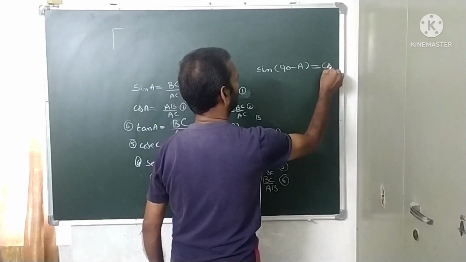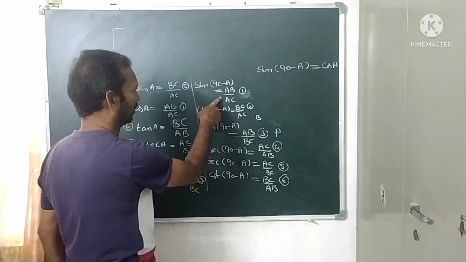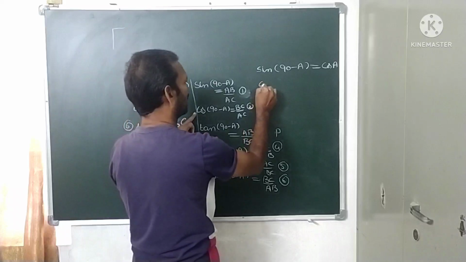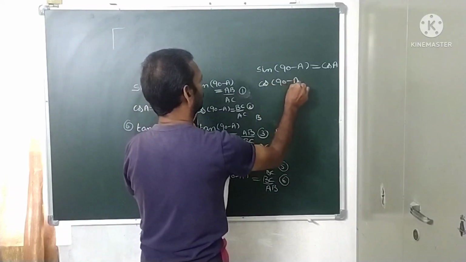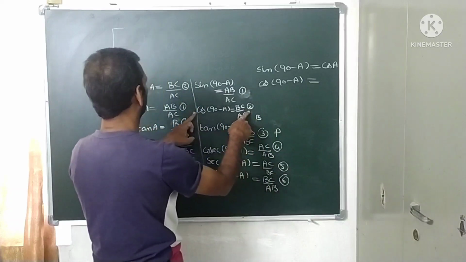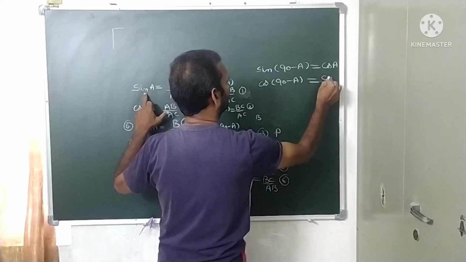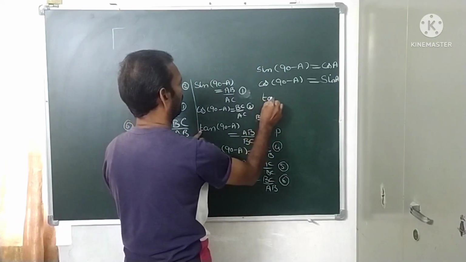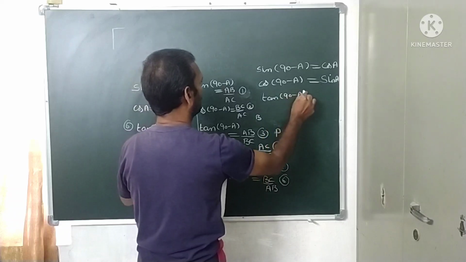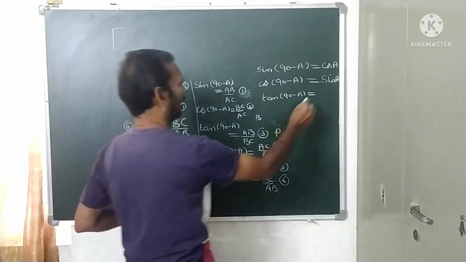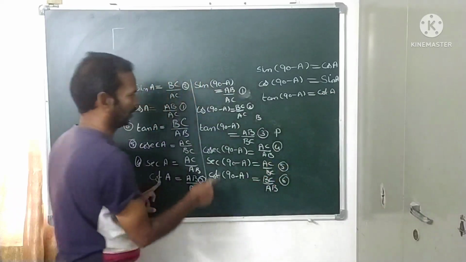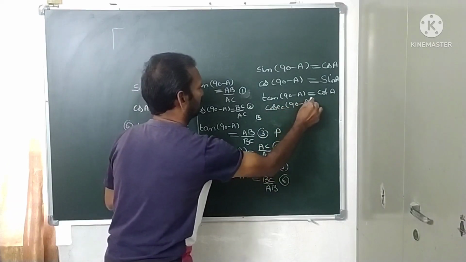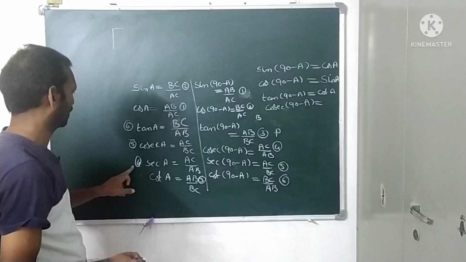Cos A. See, from 1, sin of 90 minus A is cos A. Second, cos of 90 minus A is sin A. 3: tan of 90 minus A is cot A. 4: cosecant of 90 minus A is secant A.